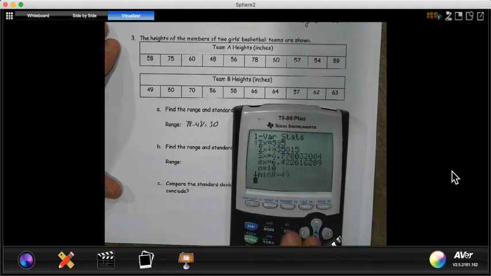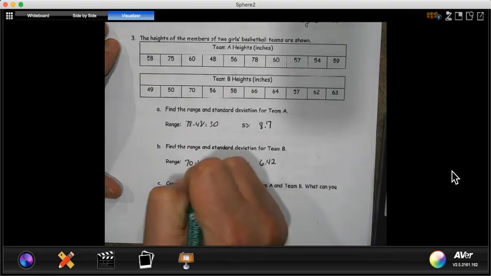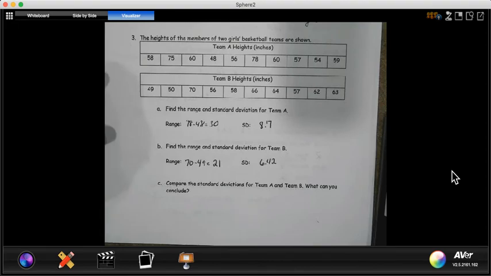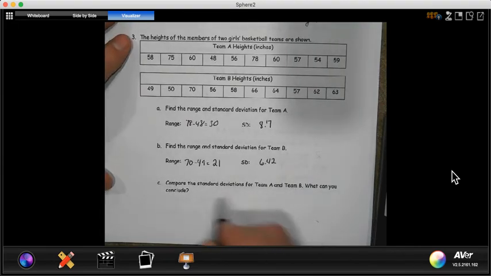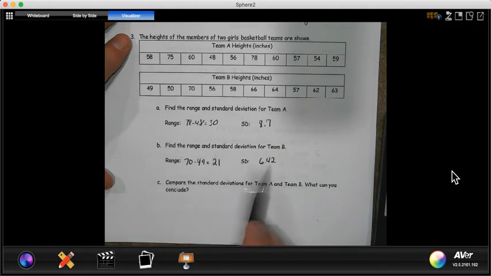And the range is the max minus the min, so 70 minus 49 equals 21. So compare the standard deviations and the range and what you conclude. So the range of numbers is just more spread out for team A than team B. That's what that means.